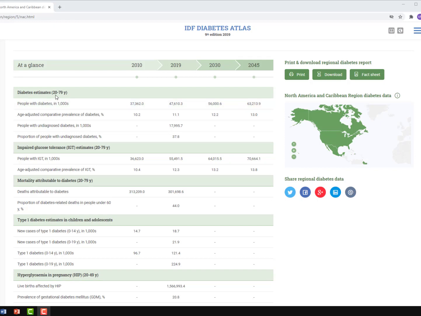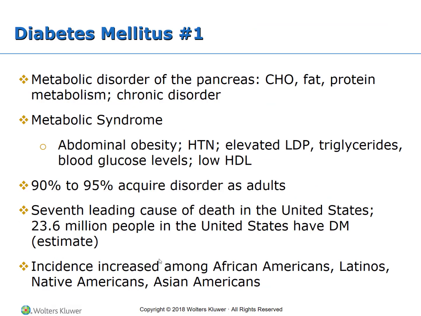Notice that these are estimates from people who are age 20 to 79, and these are people with diabetes in thousands. So you have to add 3 more zeros to this number. So that's about 37 million. In 2019, which is the most updated data, we already have 47 million going on to 48 million. So what we have in our textbook is underestimated, all right?